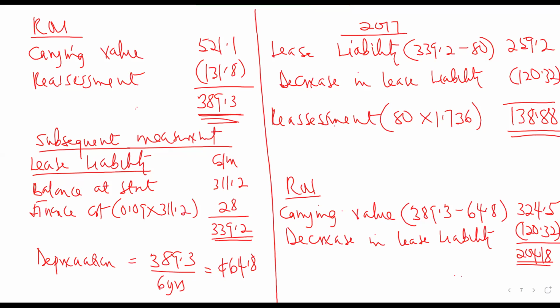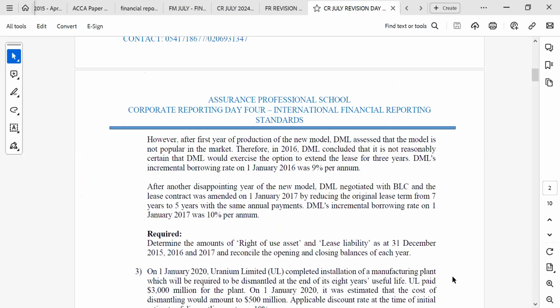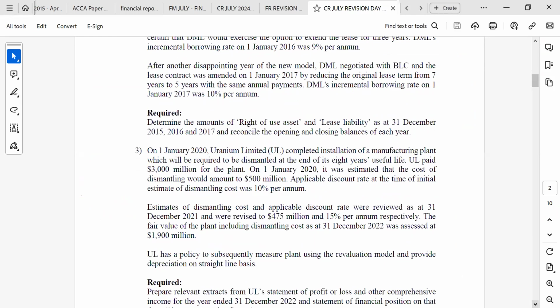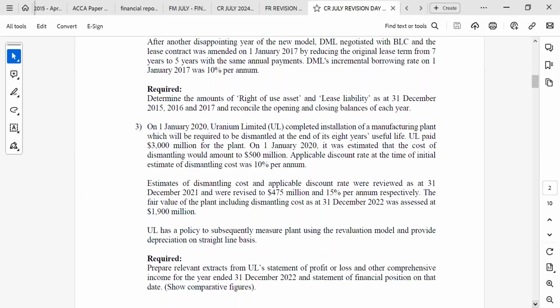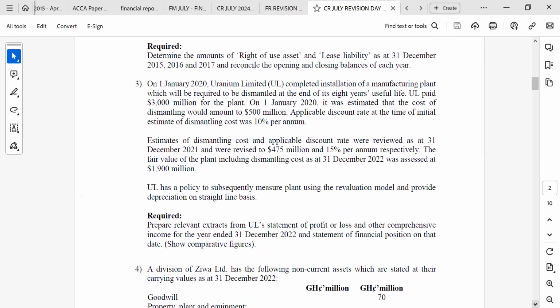All right. Okay, please don't be scared. These are your corporate reporting questions. Gone are the days that they will ask you a question on investment property. That is not the case now. They want to meet international standards. You cannot be a chartered accountant in Ghana under ICAG, you go to UK, you cannot do small adjustment for entities there. So they want to meet the international standard. If you want to go to Pakistan, they are the people doing the standards.